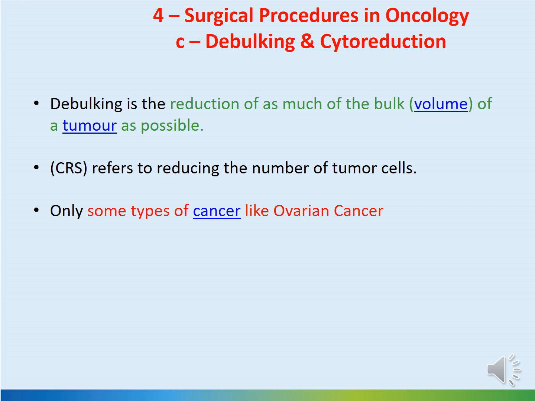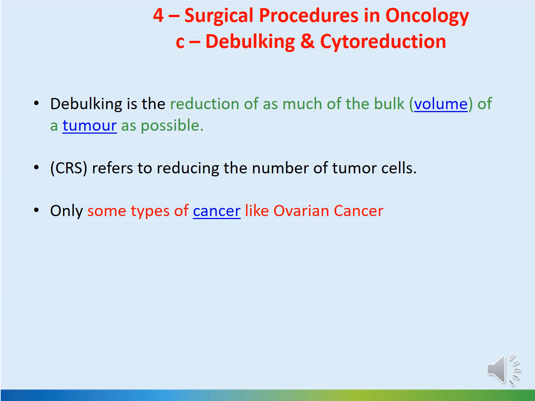Then we can continue the curative treatment by another way of treatment. This type of surgery is called debulking or cytoreductive surgery. So the main purpose here is curative, yes, but if we can remove the tumor, it's okay. But if we cannot, if we can reduce the number of tumor cells or remove the maximum volume of the tumor, it is accepted.